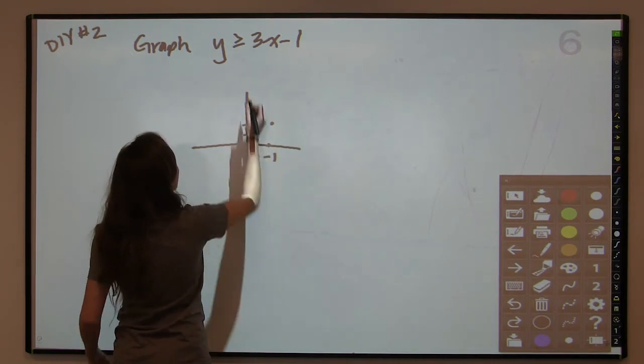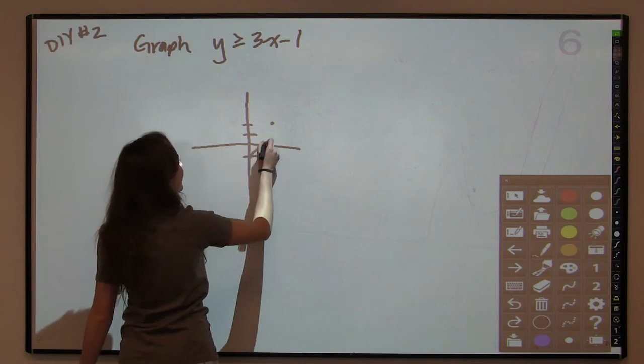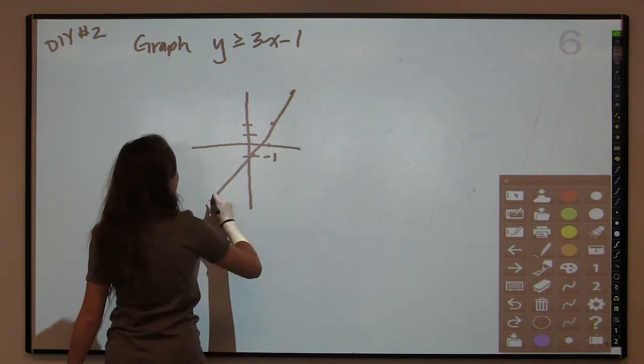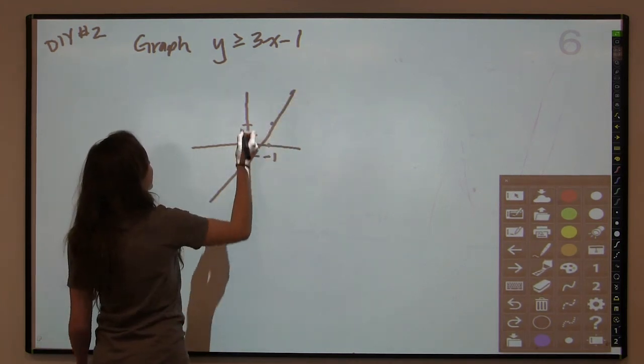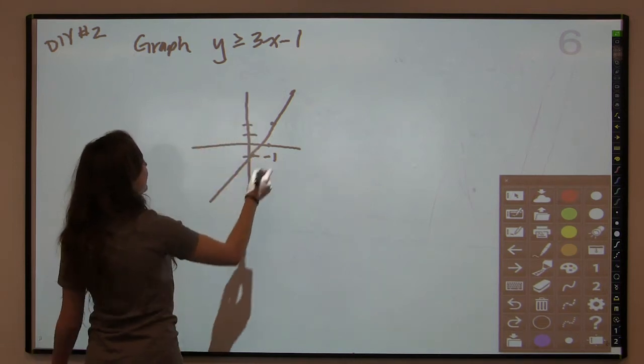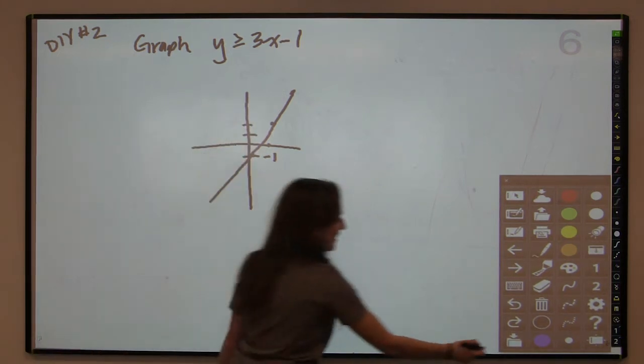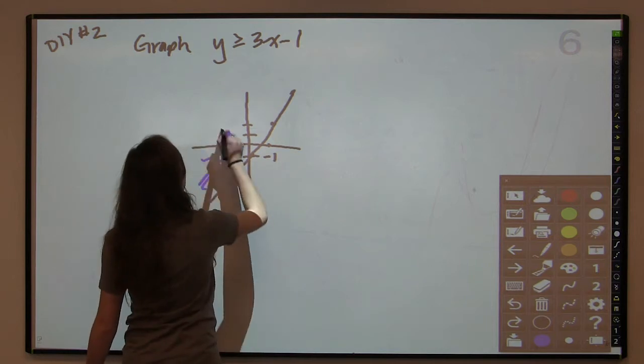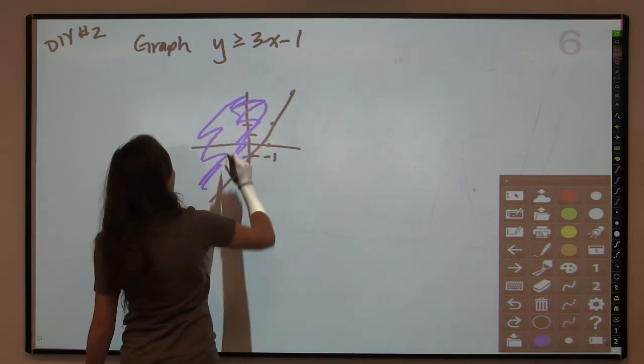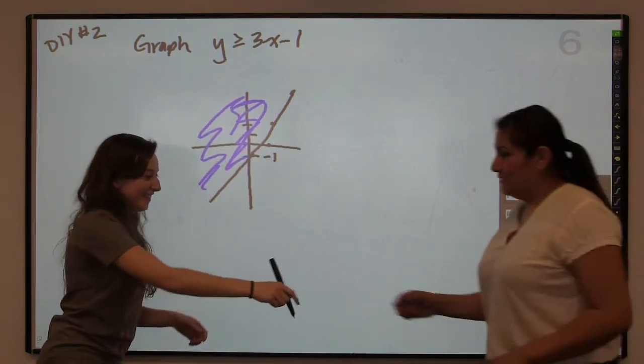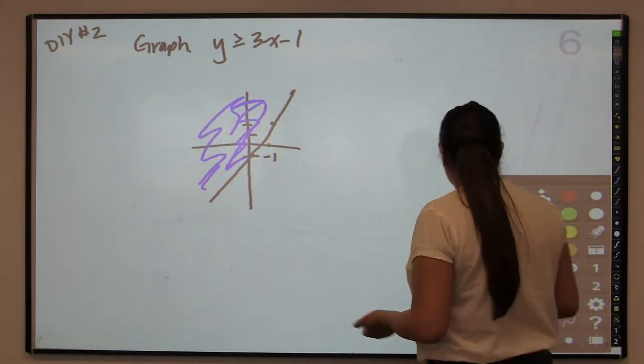And the line is solid because it's equal to the line. And then since it is greater than, we shade in a cool color. Awesome, yay. So hopefully you guys got that same answer.